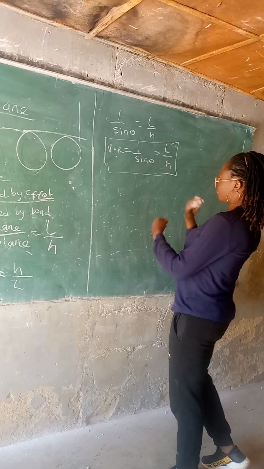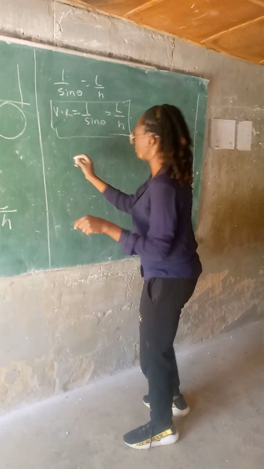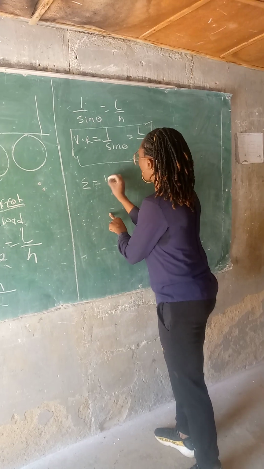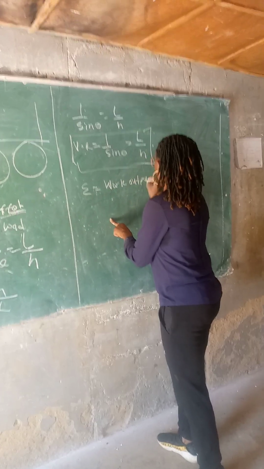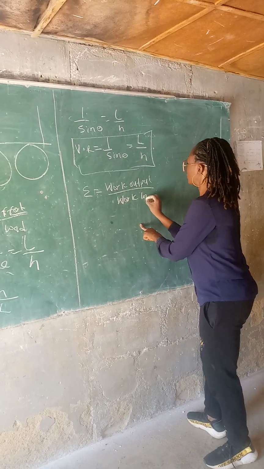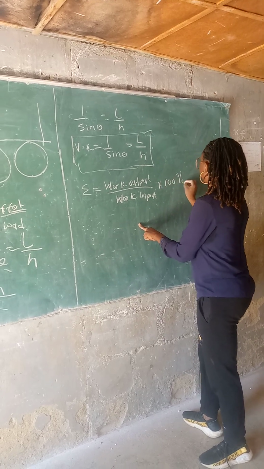Now let's try to put this in the general formula that we know. We have efficiency equal to work output all over work input times 100%.